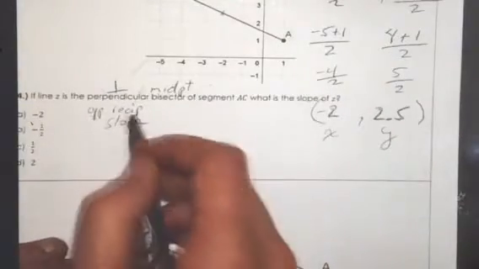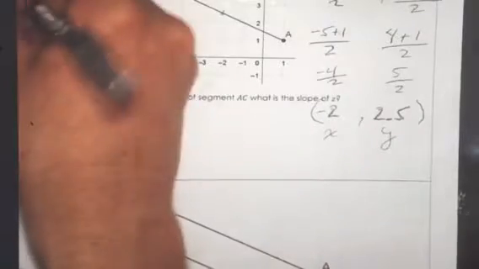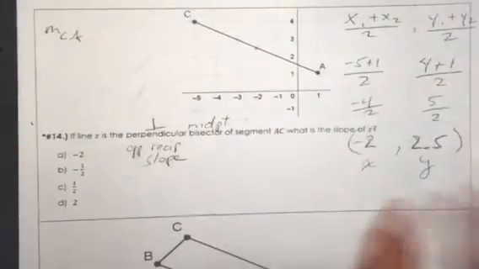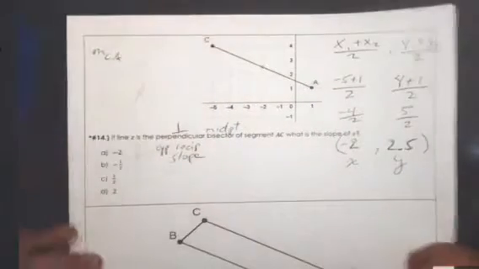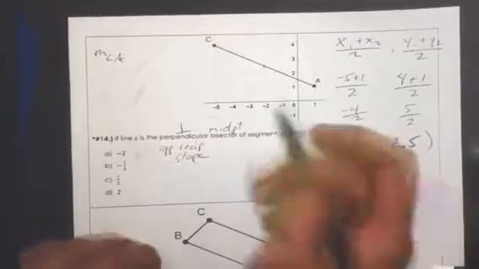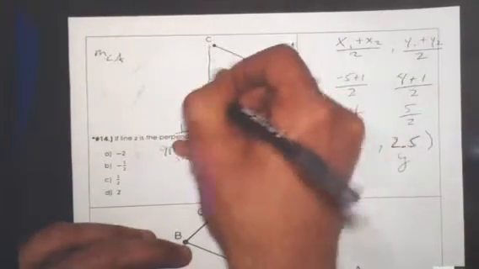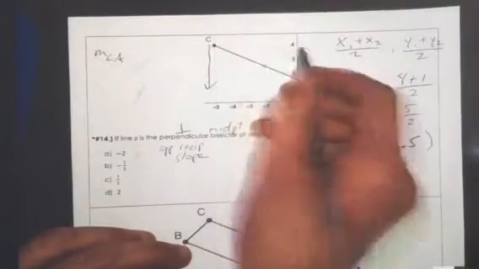the opposite reciprocal slope. So the slope of CA, and I like to do that right on the grid as opposed to using any kind of slope formula. That's just my preference. So you see we're going down from 4 to 1. So that's down 3.